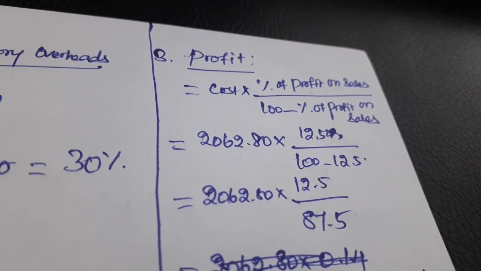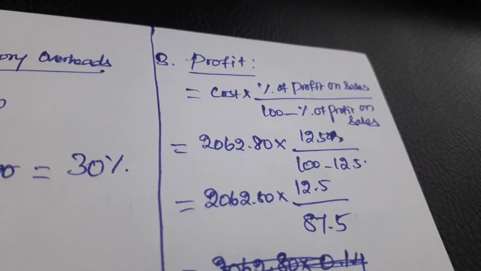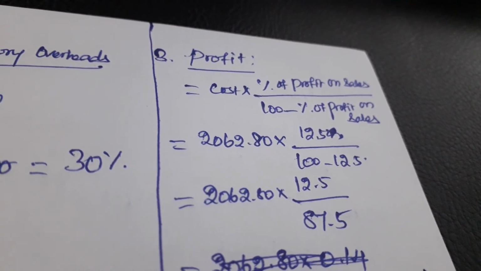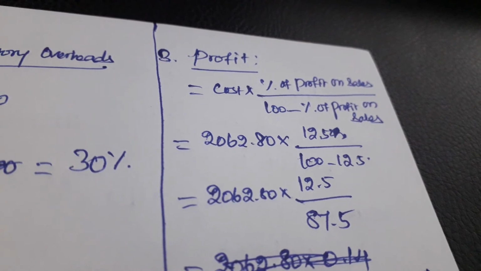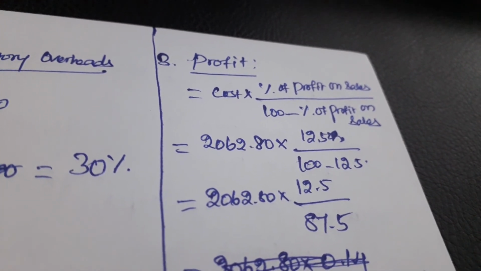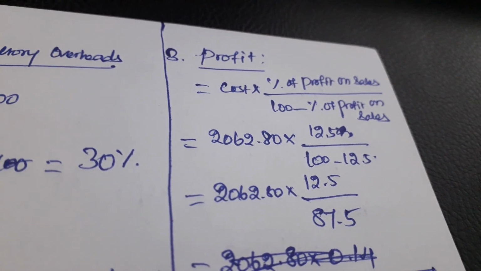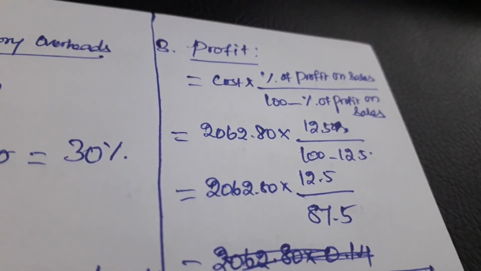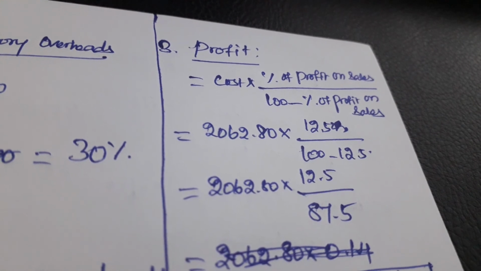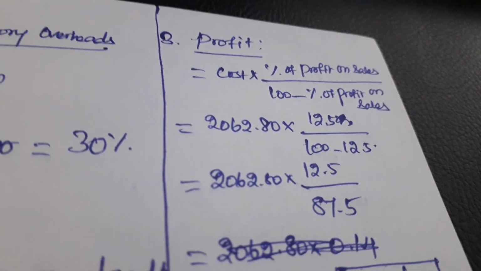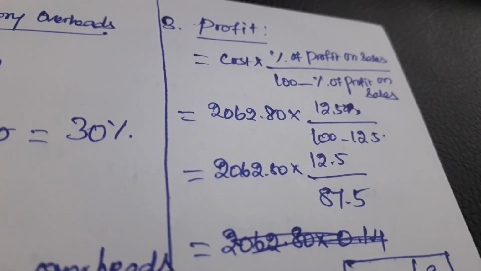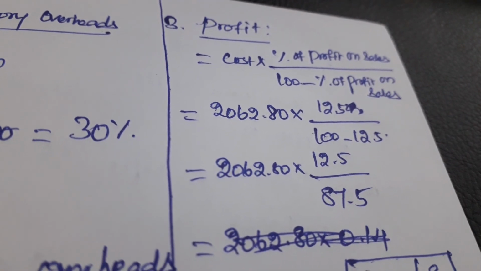Here the cost of production is 2,062.80. Profit on sales is 12.5%, that is 12.5. Then 100 minus 12.5, we get 87.5.